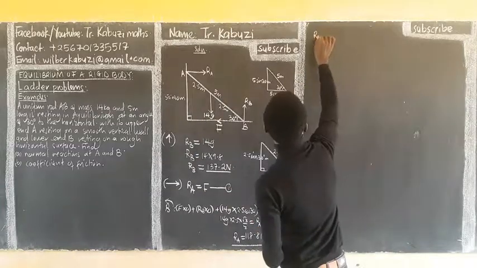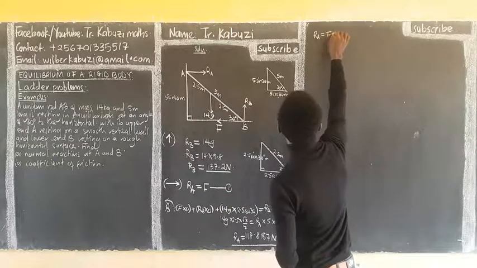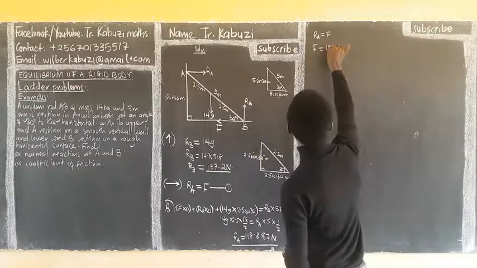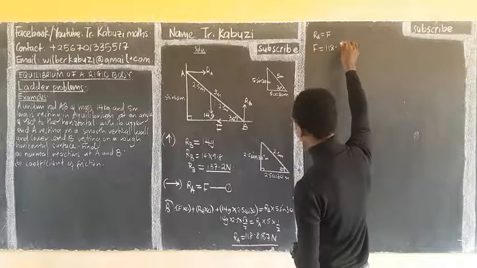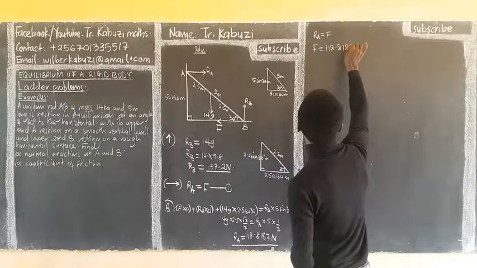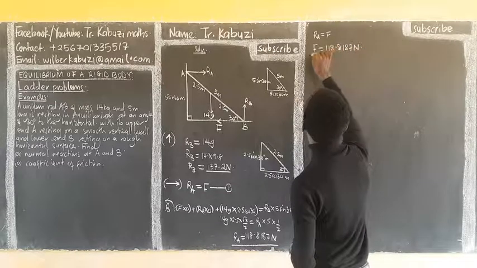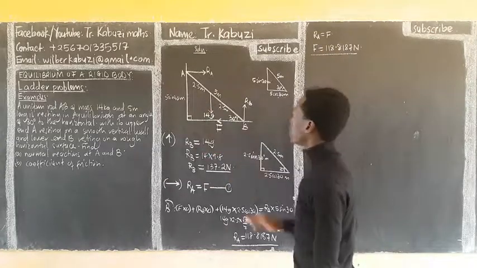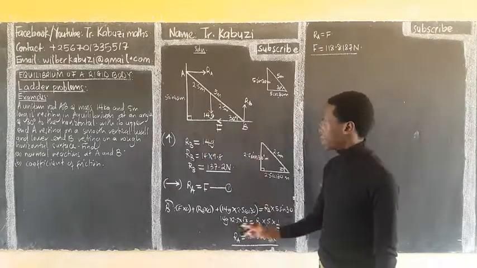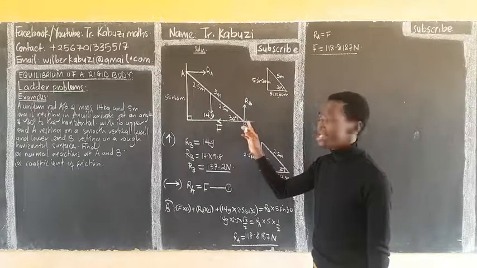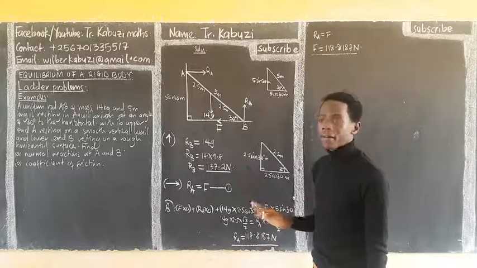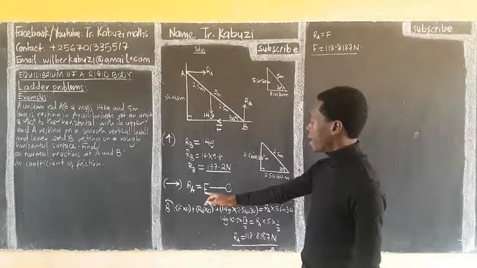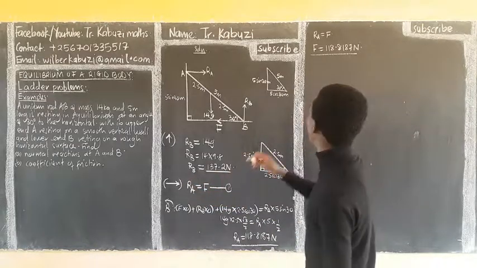But our RA is equal to F, implying that our F is also going to be 118.8187 newtons. So we have the reaction at A, we have also reaction at B. You see, it was easy because we took the moment where we have many forces. That's why it's easy.